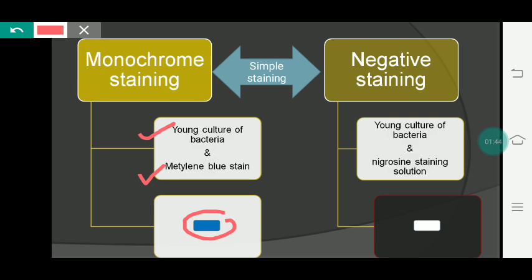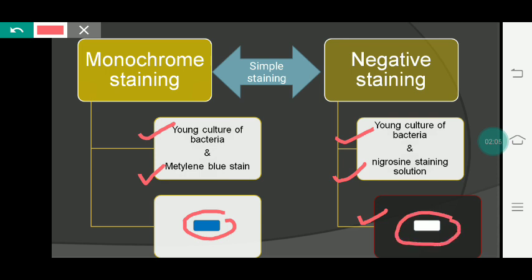Now let's move toward negative staining. In negative staining, with the help of a young culture of bacteria and nigrosin stain solution, we stain the bacterial background and the organism remains colorless.